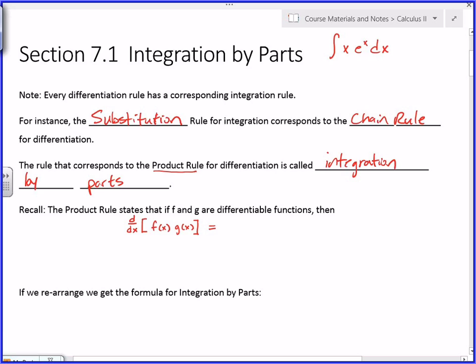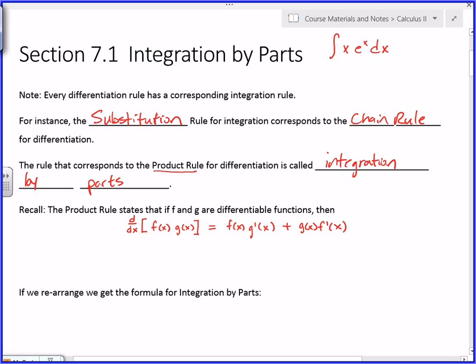What's the product rule tell us? f times g prime plus g times f prime. First times the derivative of the second plus the second times the derivative of the first. So the derivative of fg is fg prime plus gf prime.